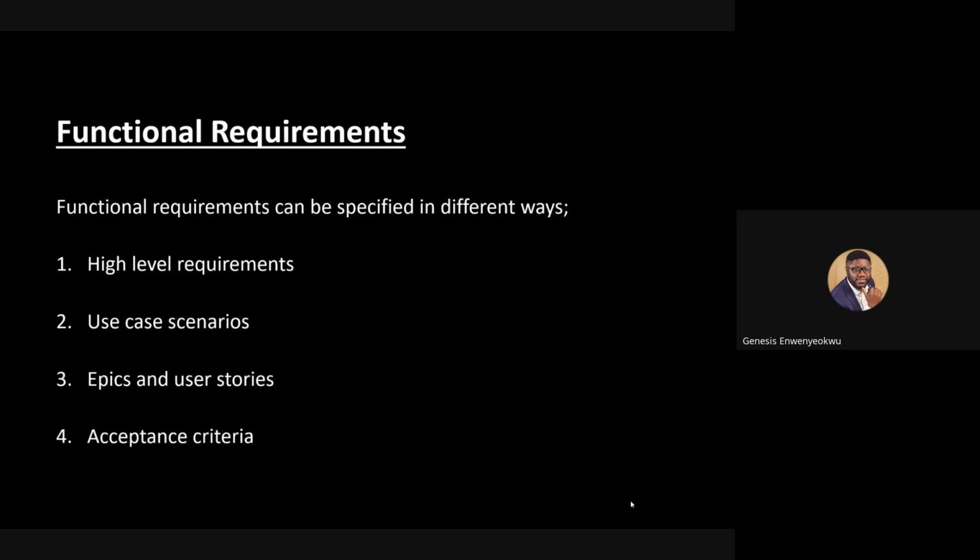You are basically communicating it as raw as possible. Let's say someone told you that we want users to be able to log in with their email address and password. In your high-level requirements, you communicate it that same way by saying users shall be able to log in with email address and password. That is high-level requirements. Nothing more, nothing less.